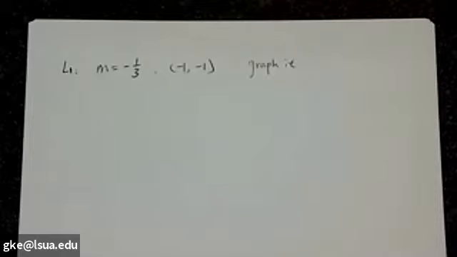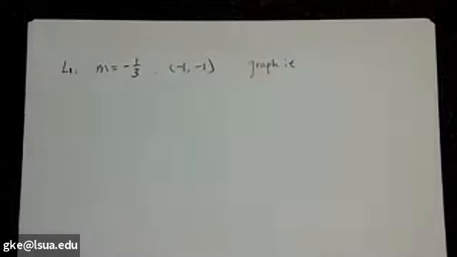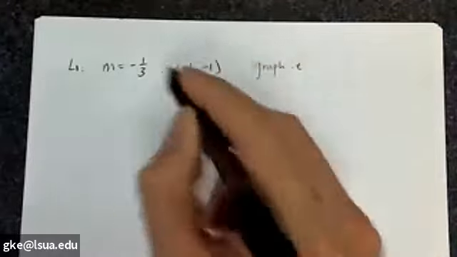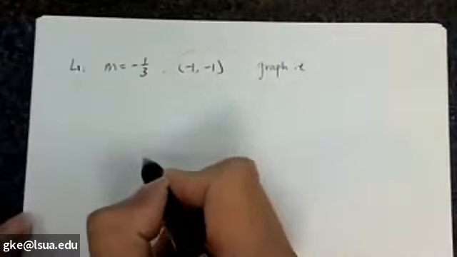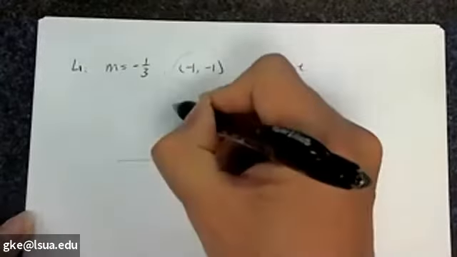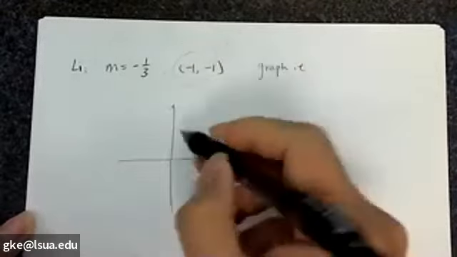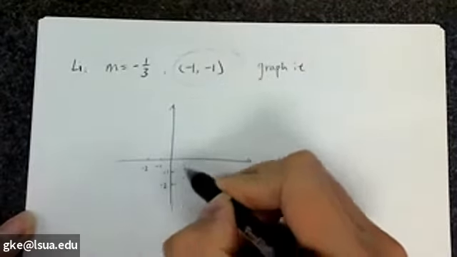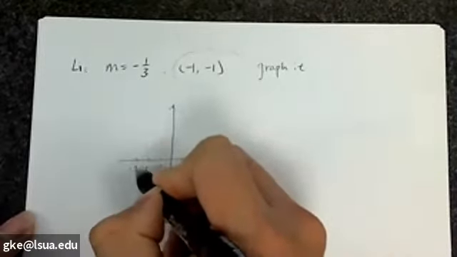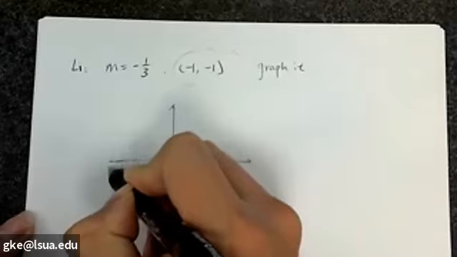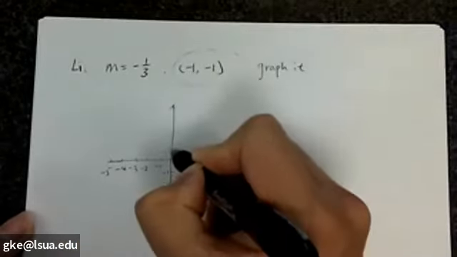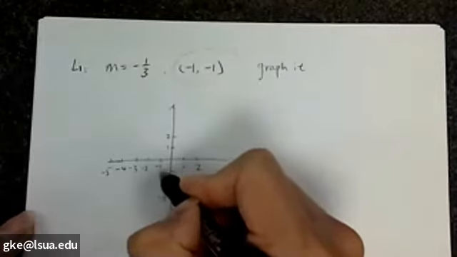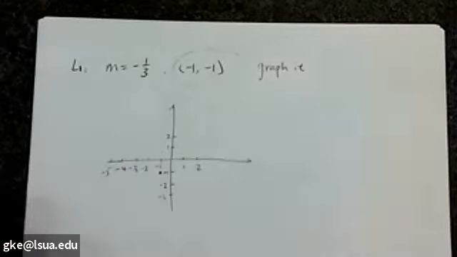Okay, let me write down the answer on the board. So the first thing, you need to draw this point. We have a point at negative 1, negative 1, right?